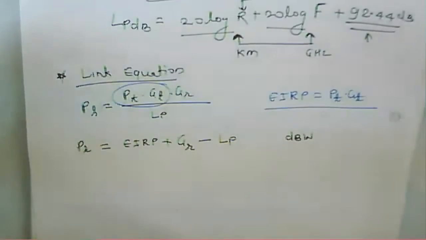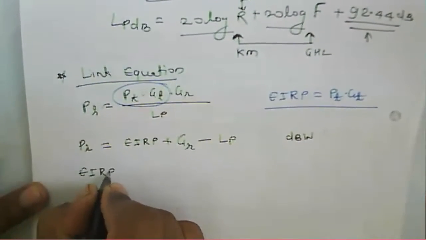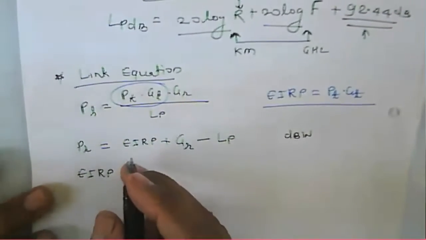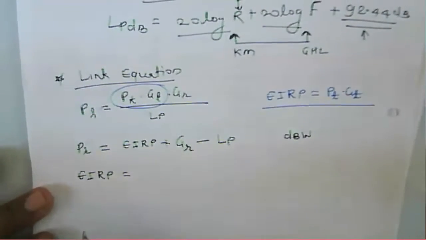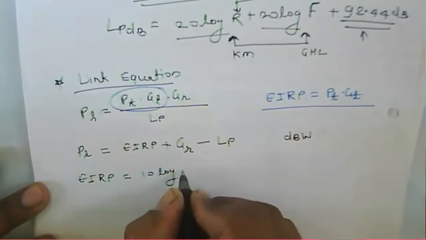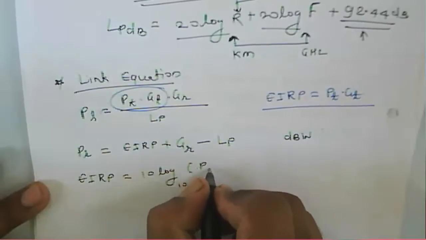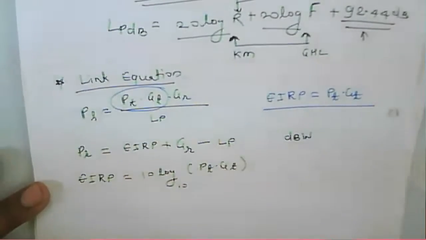So we know that EIRP is equal to PT GT, or we can say it is 10 log base 10 of PT GT.